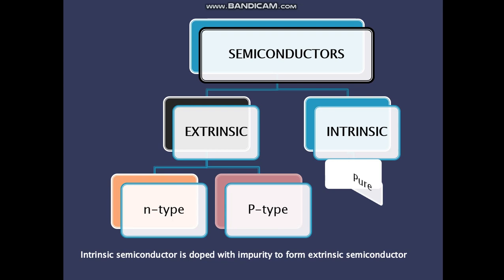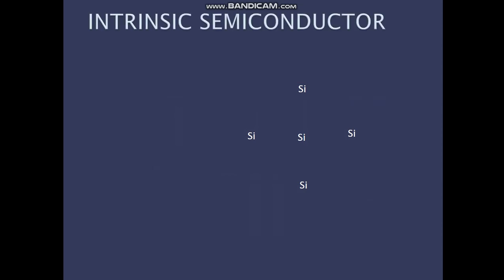So let us see the structure of one of the intrinsic semiconductors. This is a silicon crystal with a lot of silicon atoms. Let us see one of the silicon or germanium atoms. It has a valency of 4. So there are 4 electrons in the outermost orbit of each of the silicon atoms.